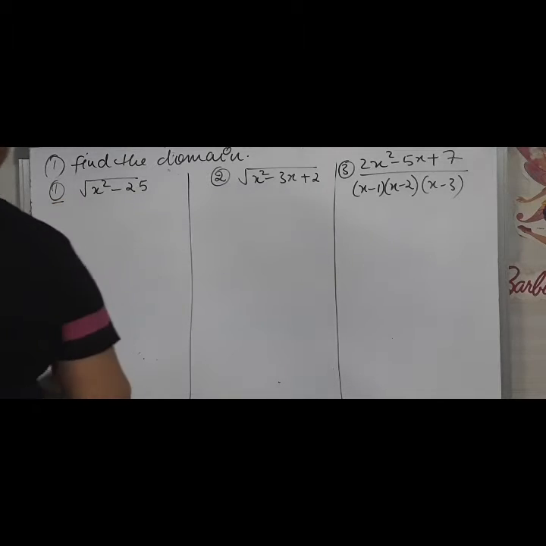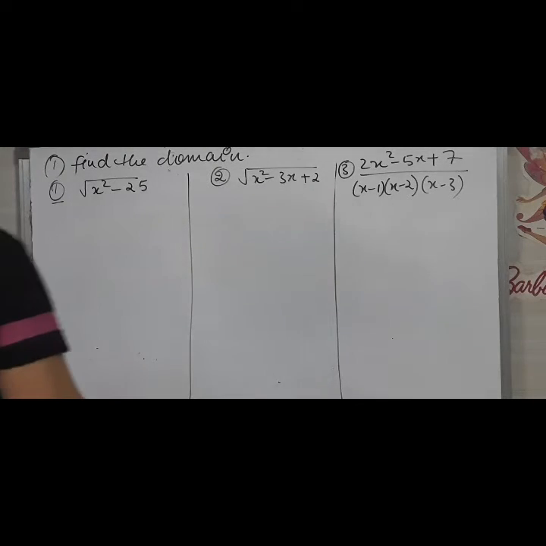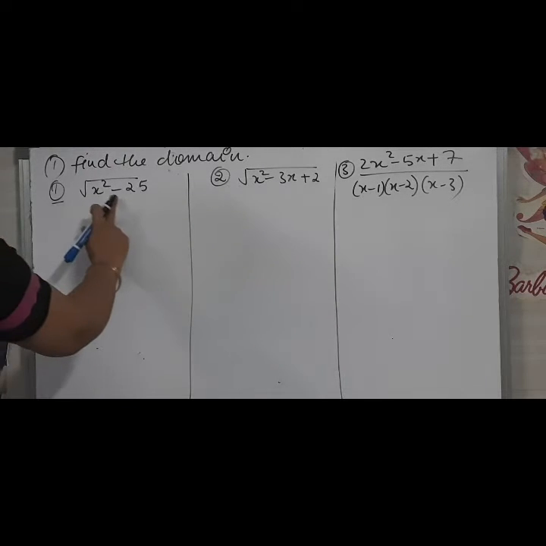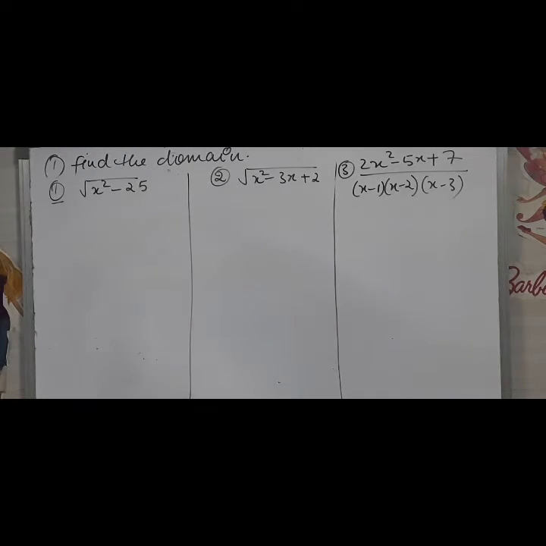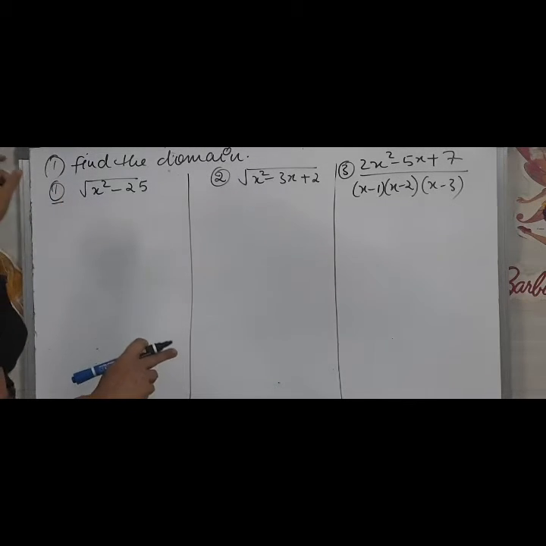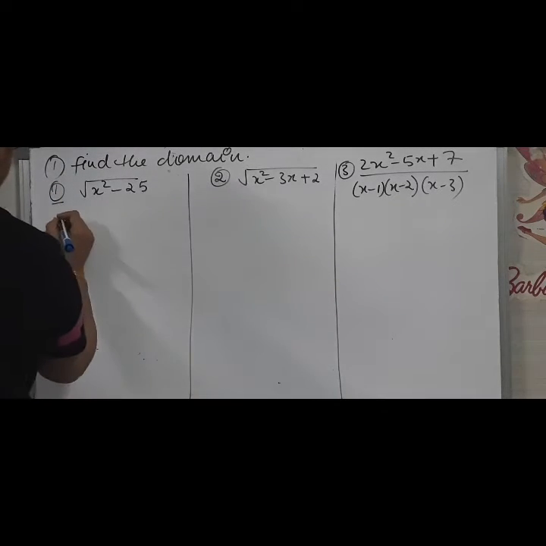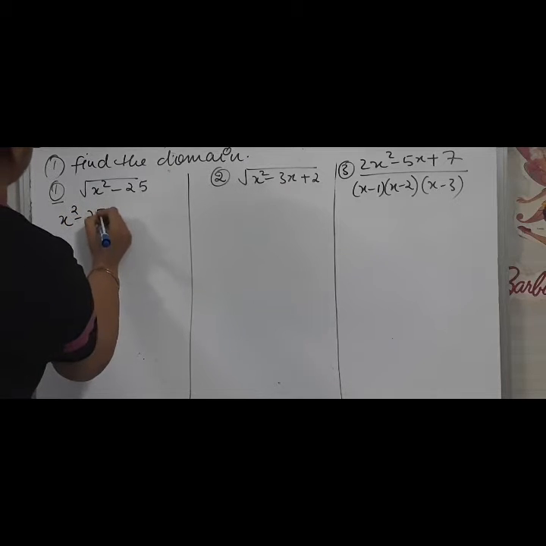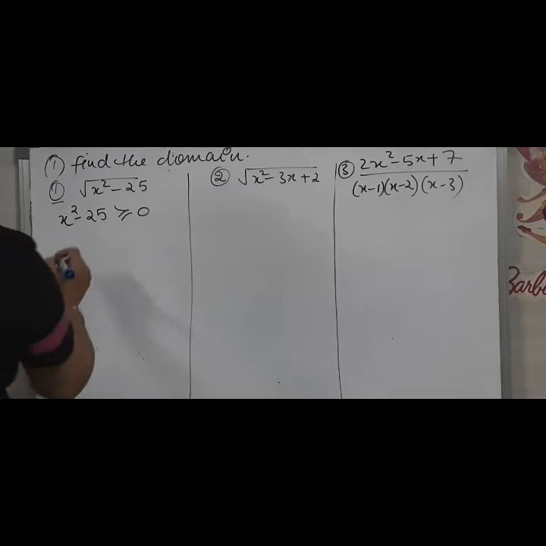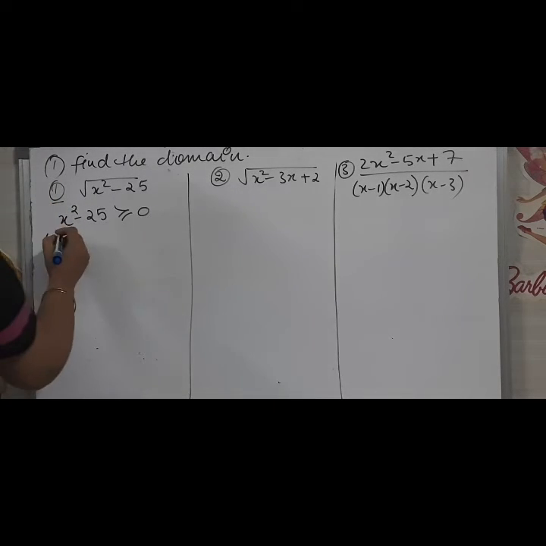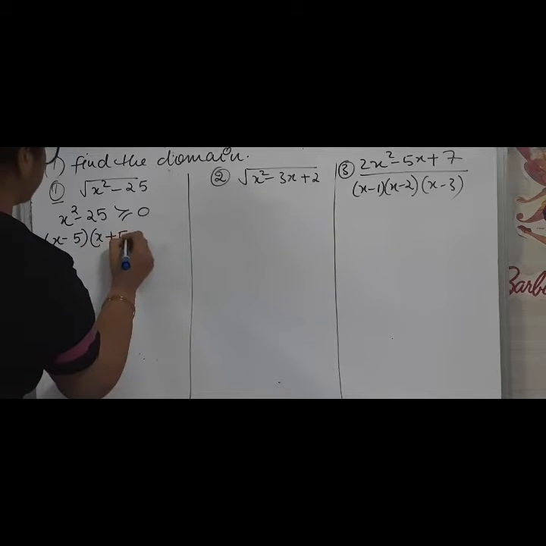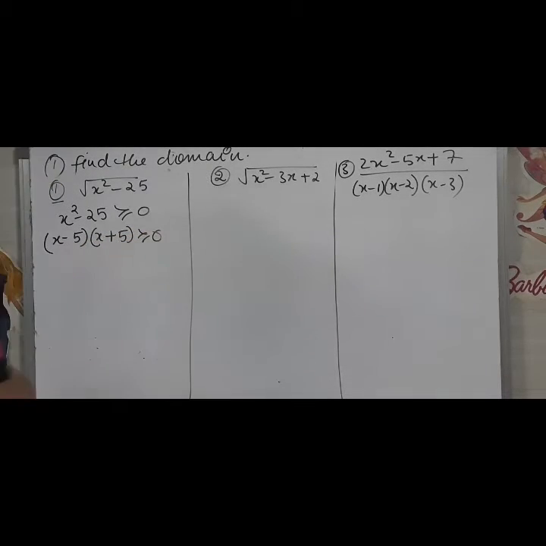Now, another question. I wrote 3 types of questions we will do and you will understand the concept. Under root of x square minus 25. If the expression is in the root, that means I should take it greater than or equal to 0. Make it a factorization. It becomes x minus 5 into x plus 5 greater than or equal to 0.